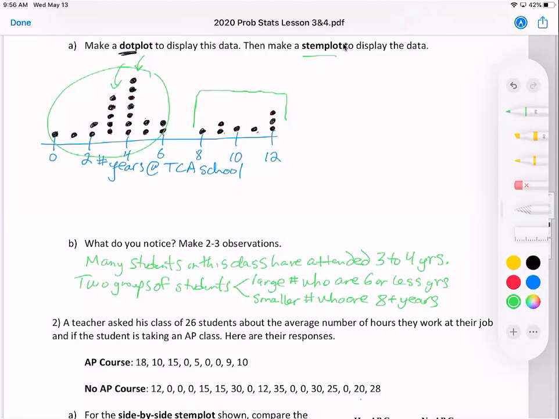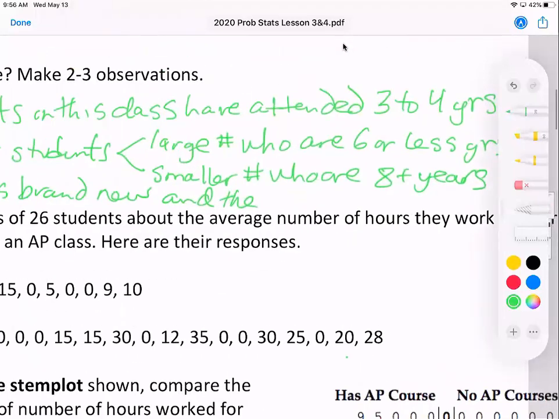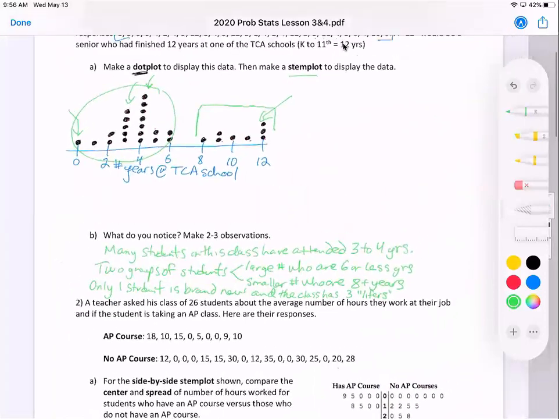You could also see that very few, pretty quickly, right? You could see very few, only 1 student is brand new. And you could see pretty quickly, the class has 3 lifers, students who have attended since kindergarten.